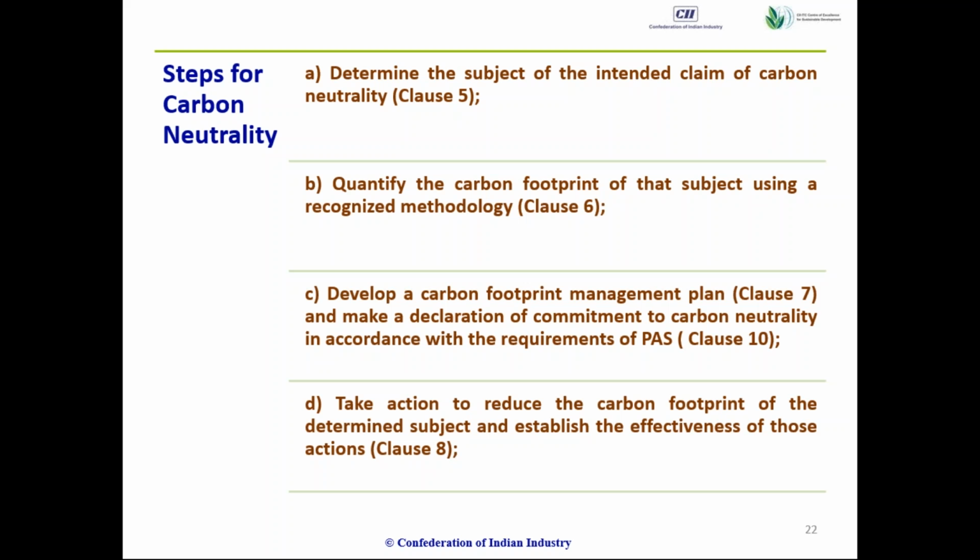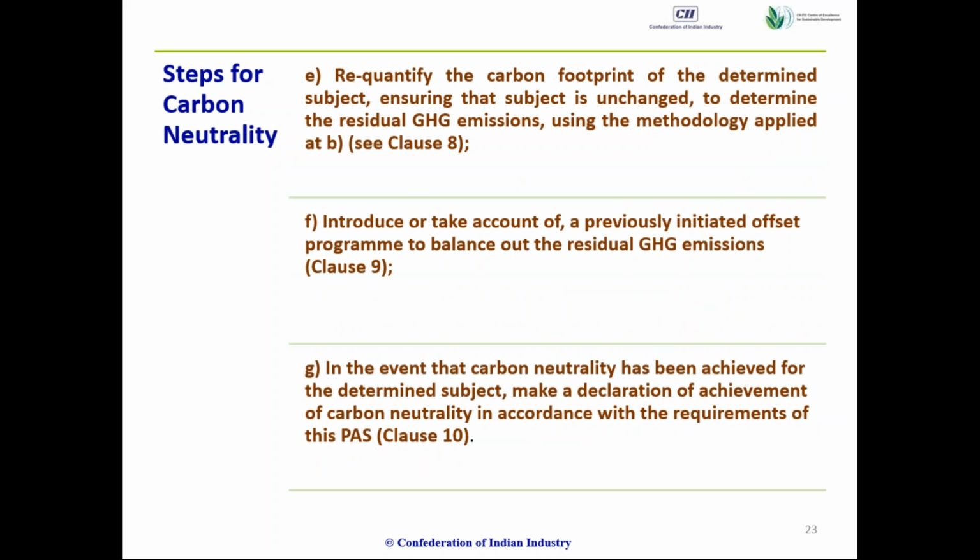So a company will determine a target date, make an action plan, reduce GHG emissions, and then calculate the balance GHG emissions that are remaining, which they cannot reduce. Because there are technical limitations to which you can reduce your energy consumption. For example, boiler efficiency cannot be increased more than 84%.